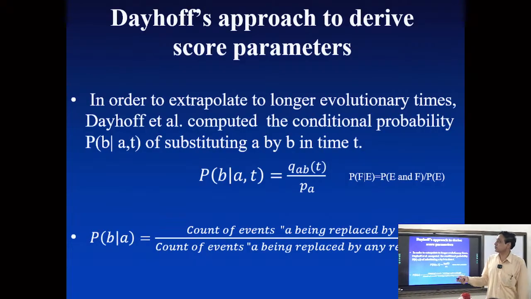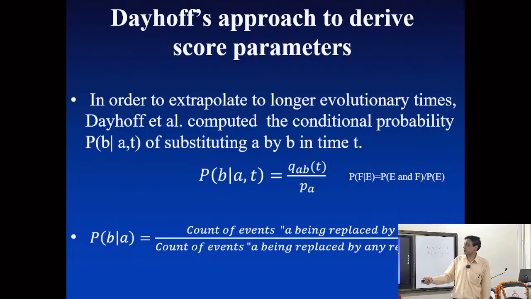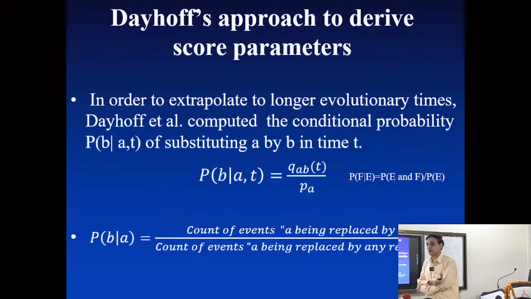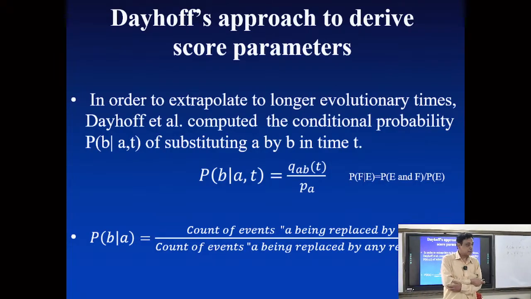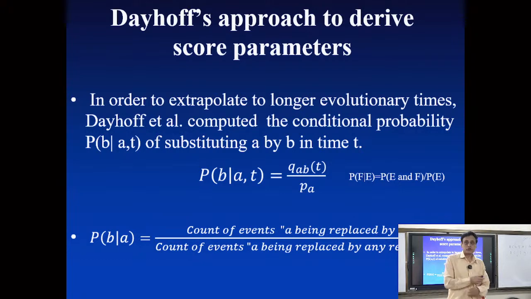And this mathematical property arising out of this conditional probability helped them in deriving matrices that reflect highly divergent sequences. Okay, so PAM1, 1% divergence, so highly similar, but using the mathematical property from a well-known theory in mathematics called Markov chain theory, they were able to extrapolate from PAM1 to higher PAM numbers.